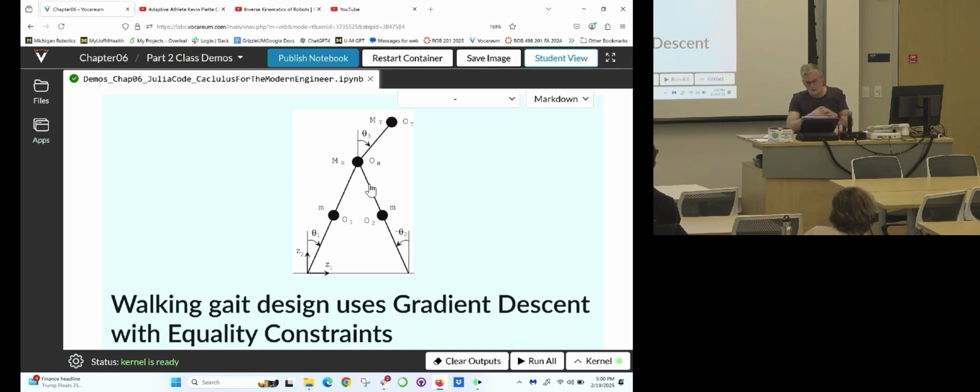So if a step is 600 milliseconds long, and we're doing every 10 milliseconds, we've got 60 different torque levels to decide upon for the motion of these legs. And there's 2 legs. That's 120 decision variables for us to make for 1 step. So that's the typical size of an optimization problem. Hundreds of variables.